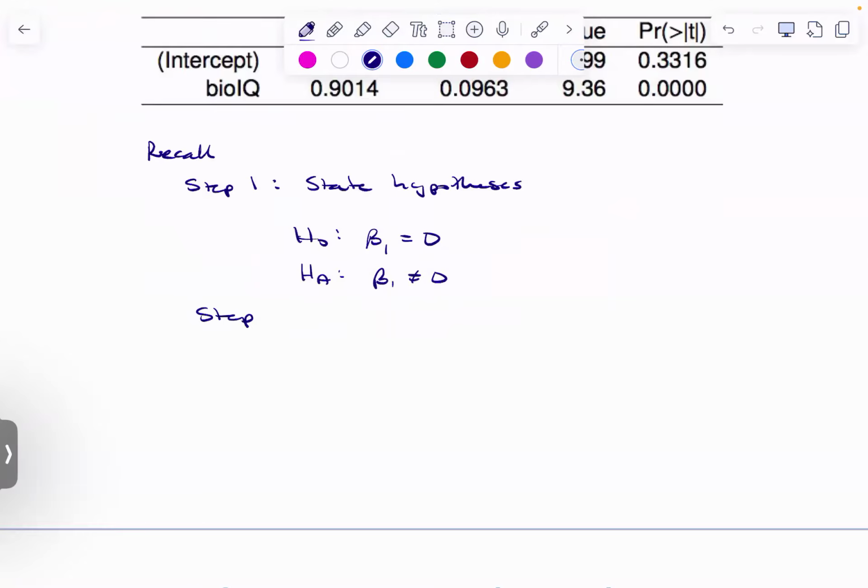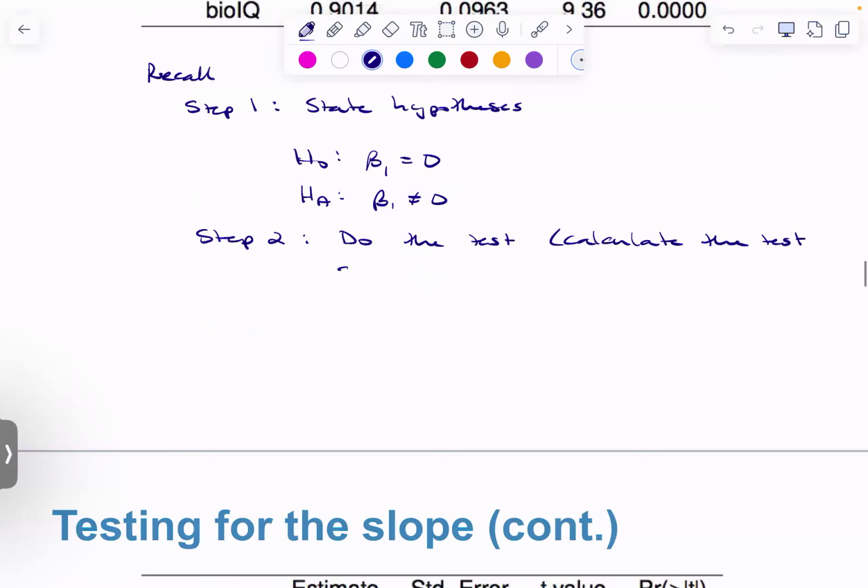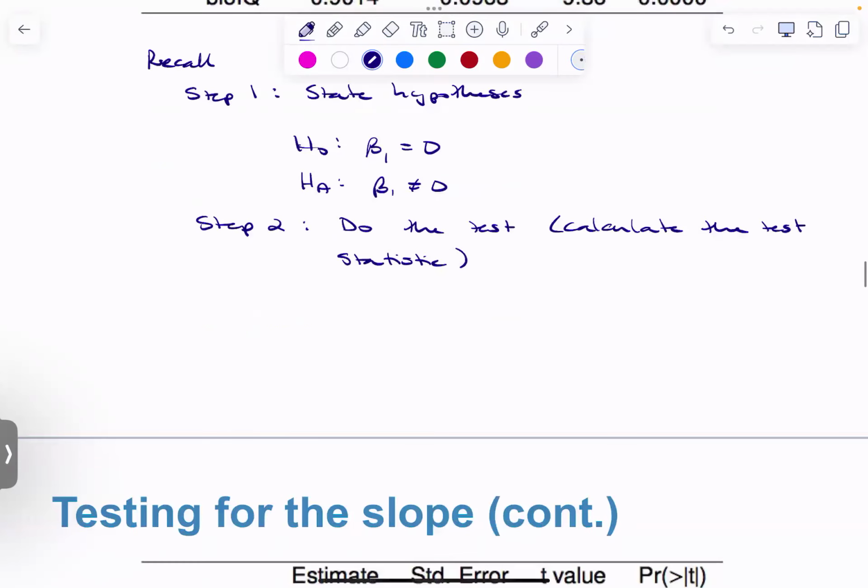Step 2 of a hypothesis test is do the test, which is really calculate the test statistic. Now, a test statistic in general is your point estimate.